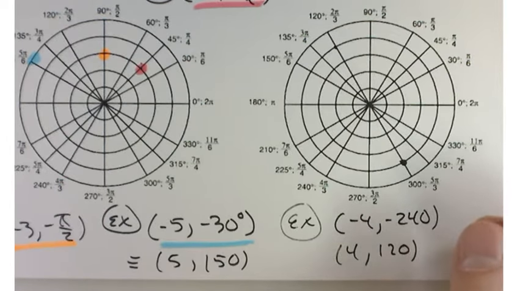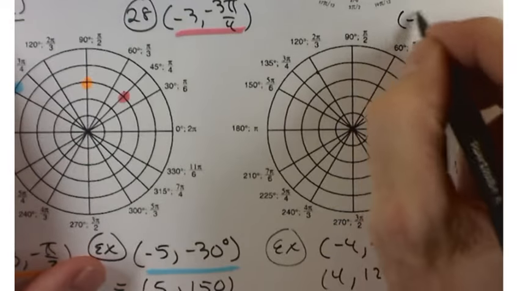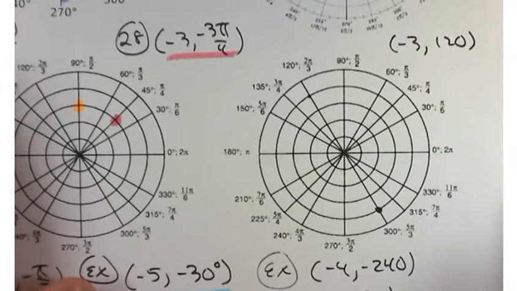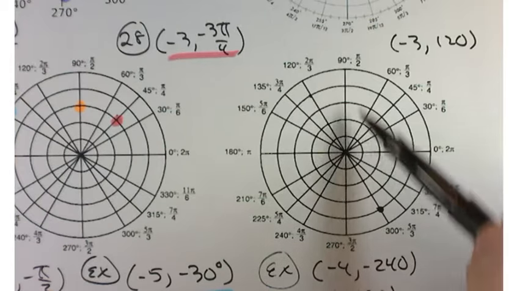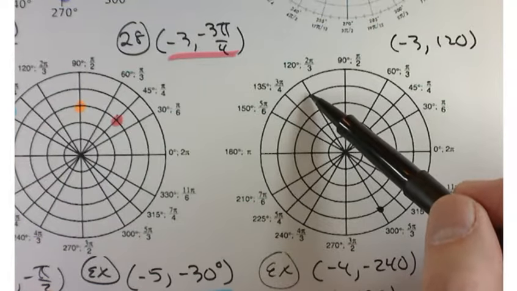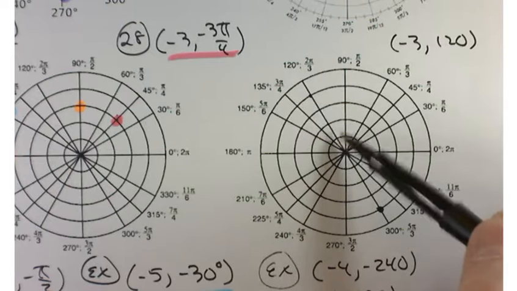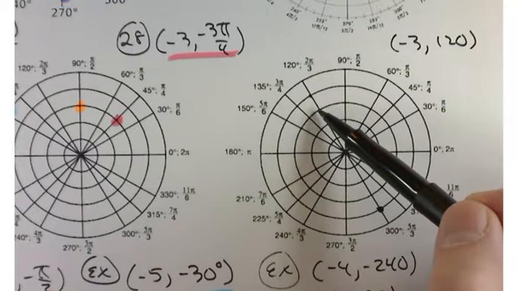Which was your example again? Negative 3 and 120. So 120 would put you here. If it was 3 and 120, I'd be out here. But because it's a negative 3, what has to happen?